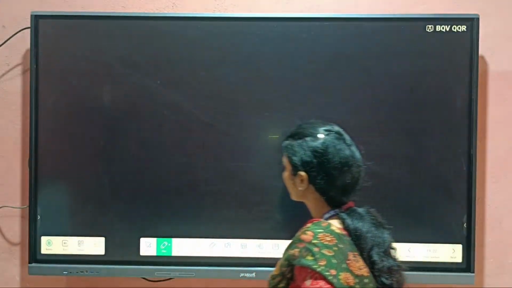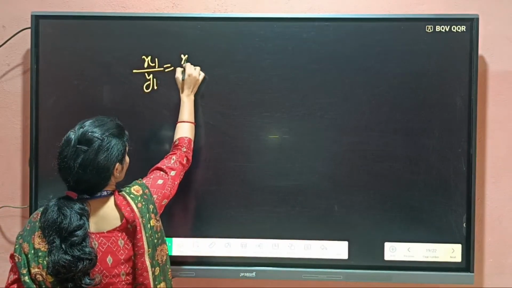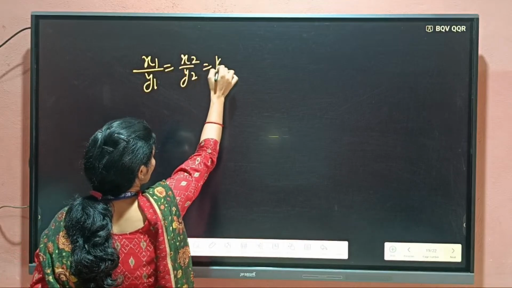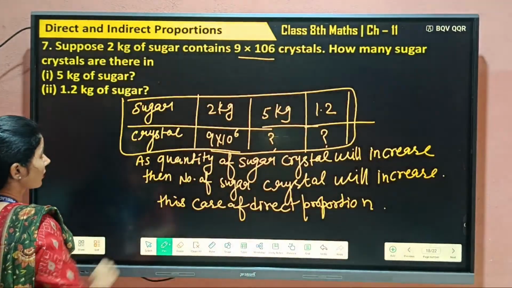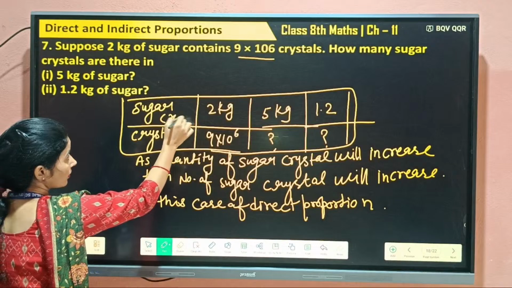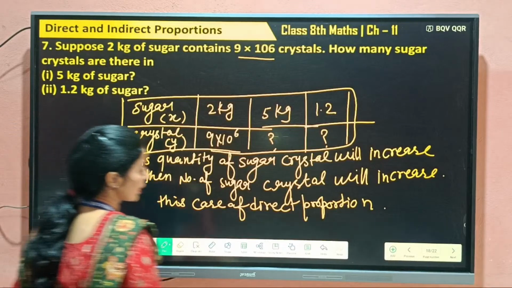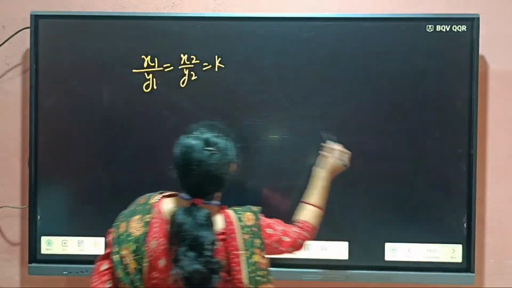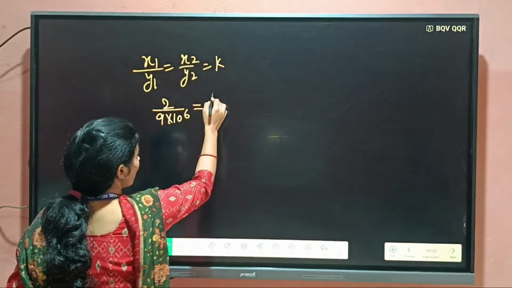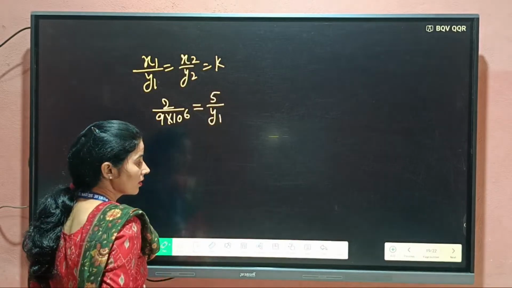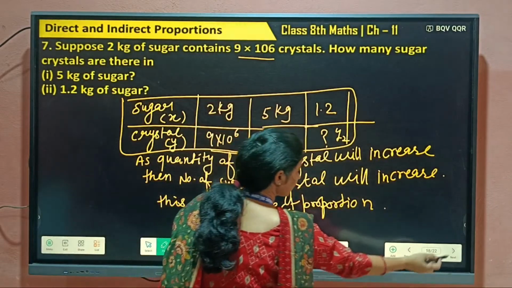In direct proportion, we write x1 by y1 ratio is equal to x2 by y2. That is, this ratio is constant. Let the sugar be denoted by x and the crystals by y. Then you will write 2 upon 9 into 10 raised to power 6 is equal to 5 upon y1.